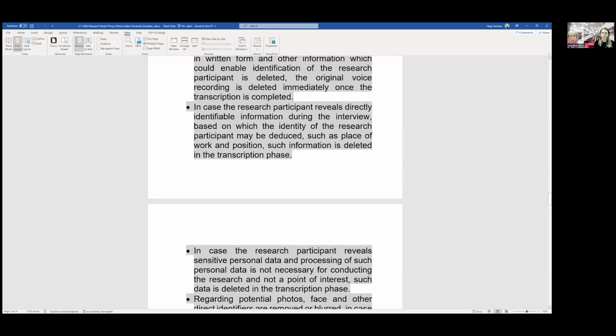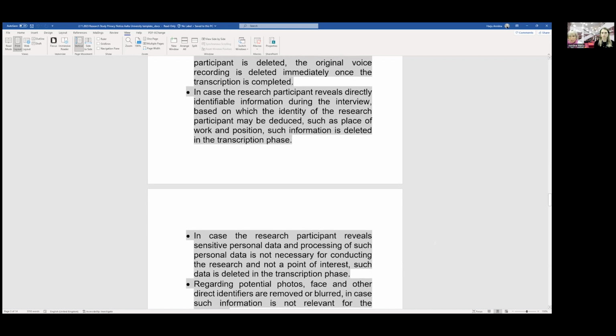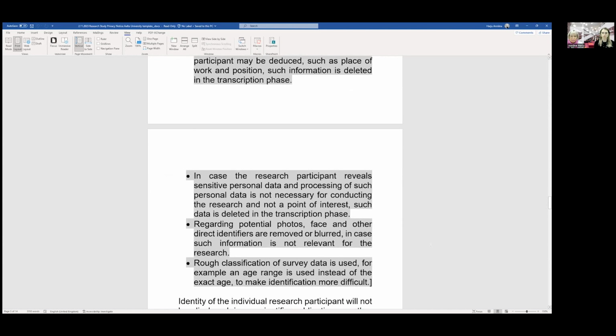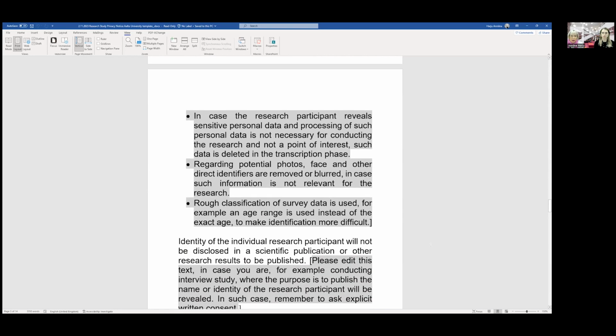And if you don't need identifiers that the interviewed person reveals, those extra identifiers, like they mentioned something that you don't need for your research, remove that as you are transcribing it, for example.